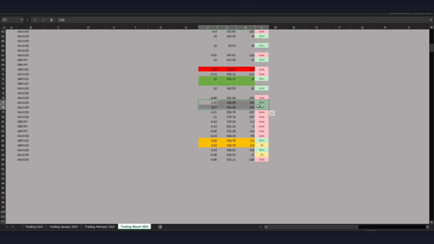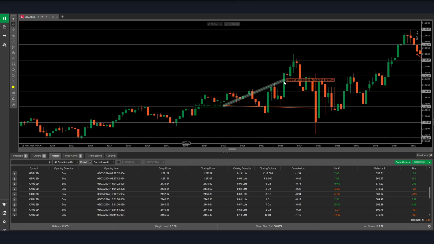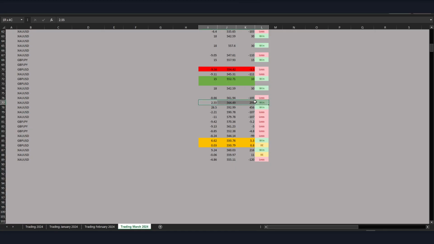And then it would not retrace, it would just continue up. Then this one would have been a 30 pip win. Then all these will only be break even, because they will only go to the break even level. Instead, all these will go to the TP.